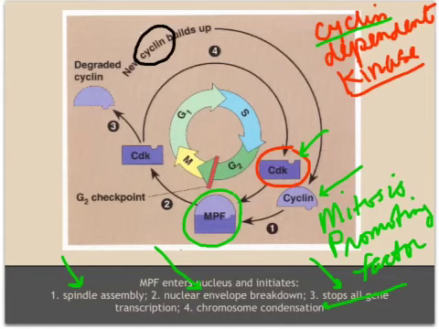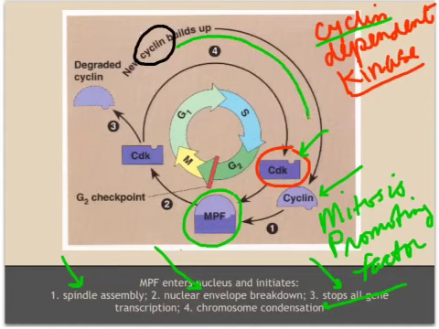Okay, so molecularly, how does prophase actually work? Well, it's the result of MPF. As you can also see, according to this diagram, cyclin and CDK and MPF go through phases around the cell cycle. As the cell goes through its G1, S, and G2 phase, cyclin starts building up.